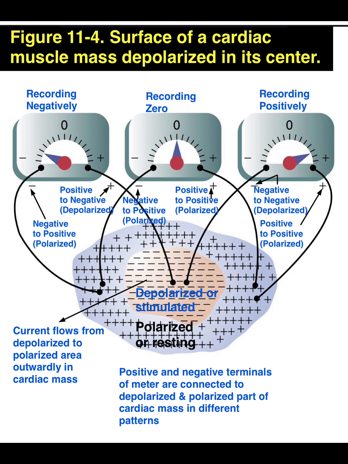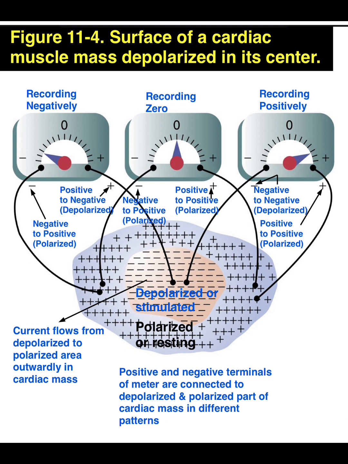The middle meter is recording 0 because both positive and negative terminals are connected to the positive or polarized part of the cardiac muscle mass, which is the peripheral part of the mass.